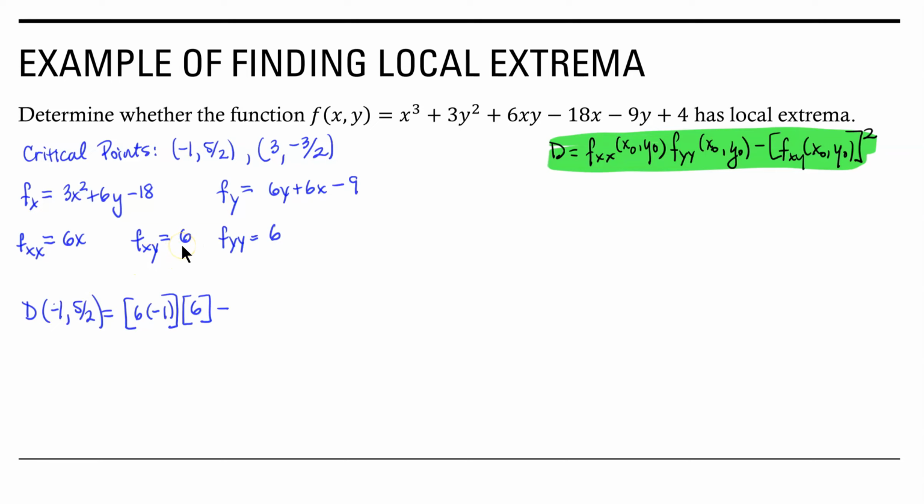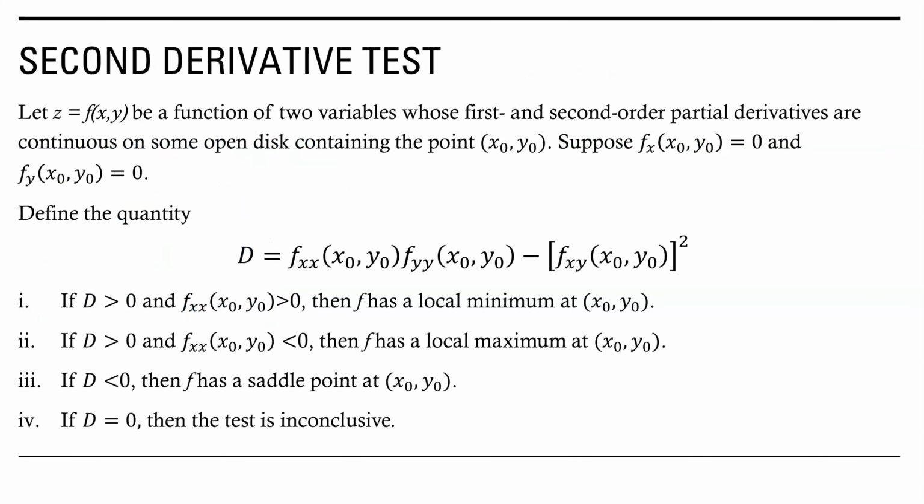Notice again, this one is also a constant, so minus that squared. And what I notice here is I have basically -36 minus 36. That's going to give me a negative number. And I really only need to know whether D is positive or negative. So D is negative. And so if we go back and check, when D is negative, we have a saddle point.